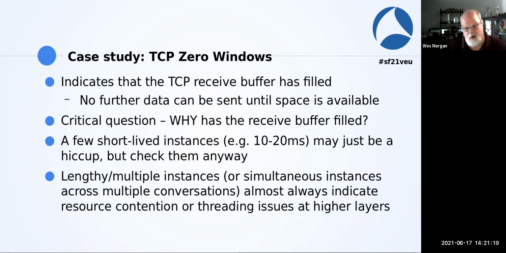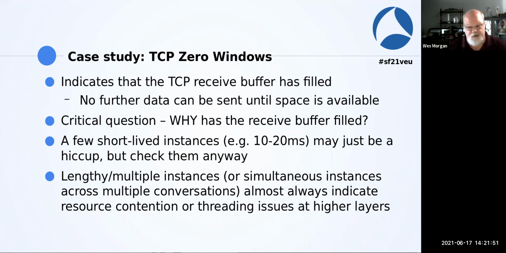Where you definitely want to be concerned is if you see either lengthy instances, long-lived instances, multiple long-lived instances, or simultaneous instances across multiple conversations. If you see any of those in your data, that's almost always an indication that there's a resource contention issue going on at a higher layer.